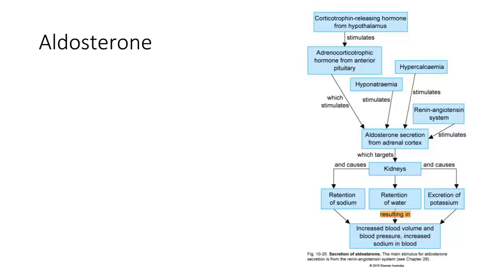Hypocalcemia will also cause aldosterone secretion from the adrenal cortex, and corticotrophin releasing hormone will also cause the adrenal cortex to release aldosterone, so ACTH. Once aldosterone's in the system, we get sodium retention, water retention, and potassium loss. That brings increased volume into the blood volume, which increases blood pressure, and we get increased sodium within the blood.